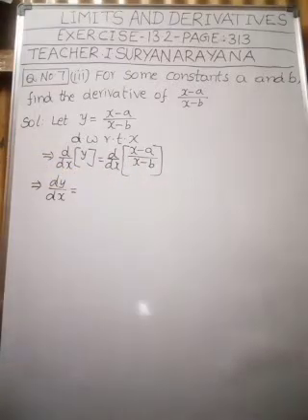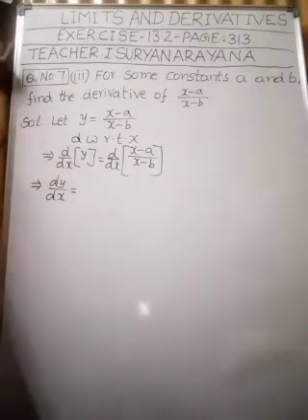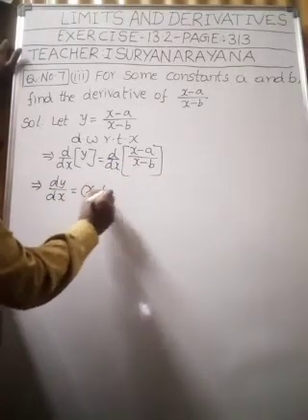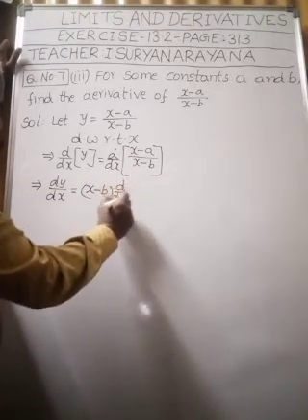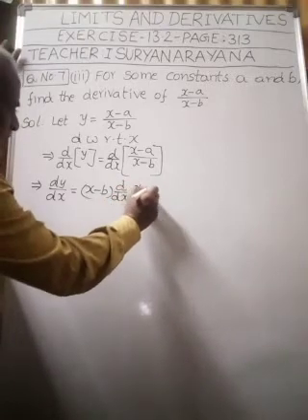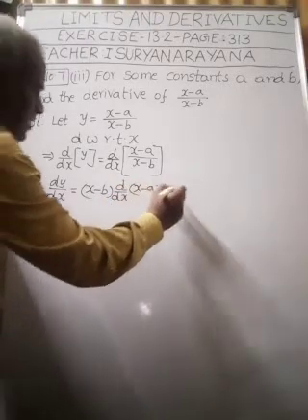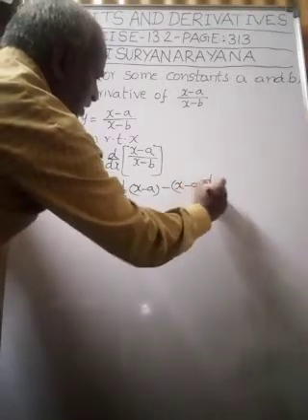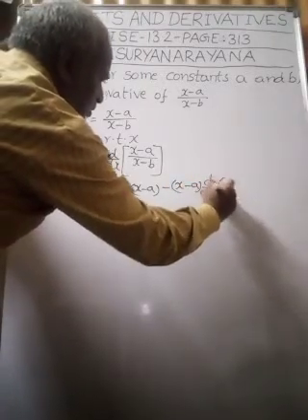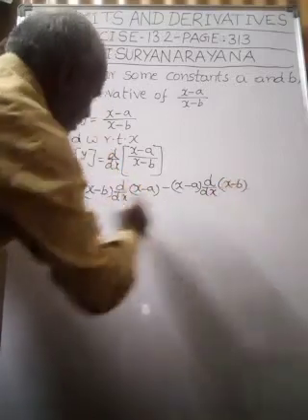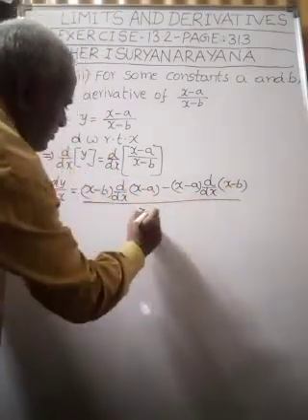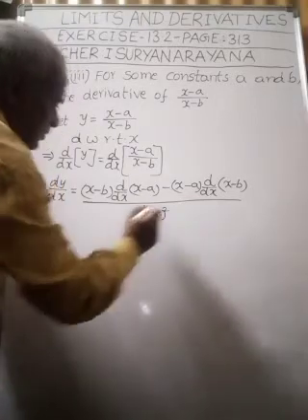Okay, my children, so we use the u by v rule. v into d by dx of u, that means x minus b into d by dx of x minus a, minus u into x minus a into d by dx of v, that is x minus b, whole divided by v square, that is x minus b whole square.